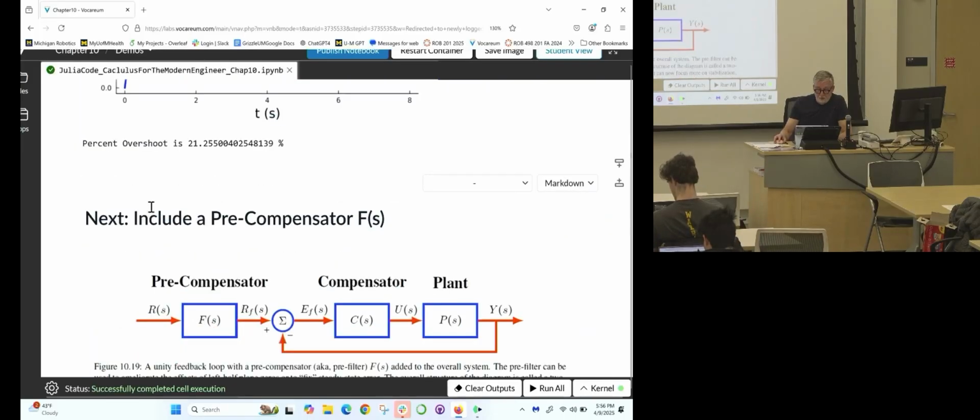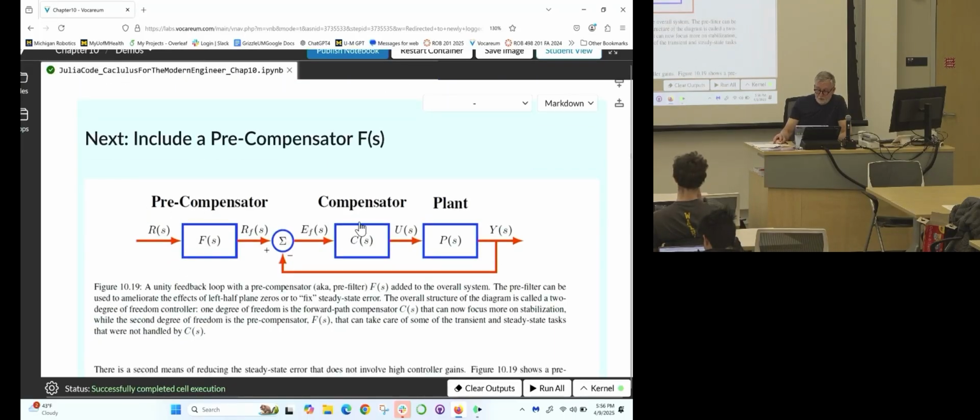So here is our cascade controller. There's the plant. There's the PD controller. And then to recover the properties that we wanted from the second order system, we need to attenuate the effect of the extra differentiation caused by the 0 in the PD controller.